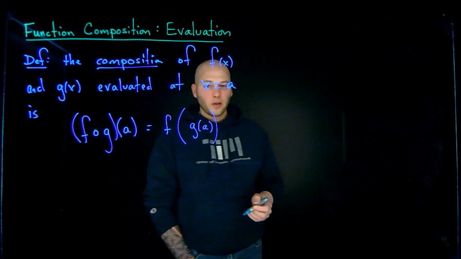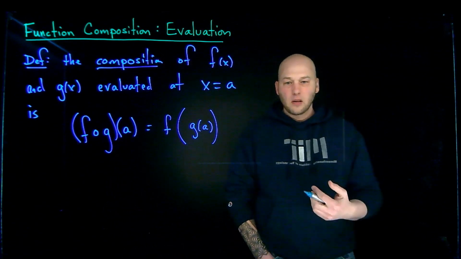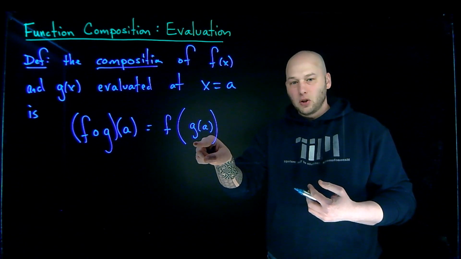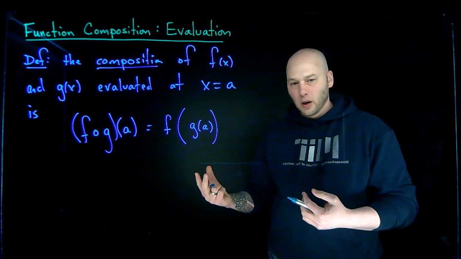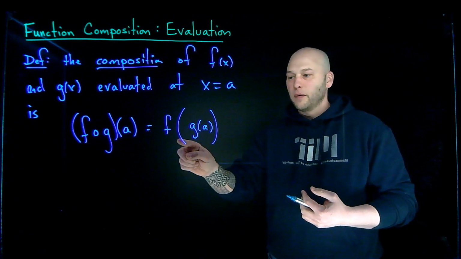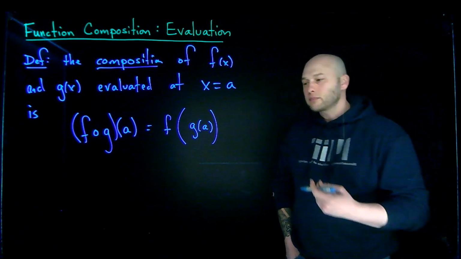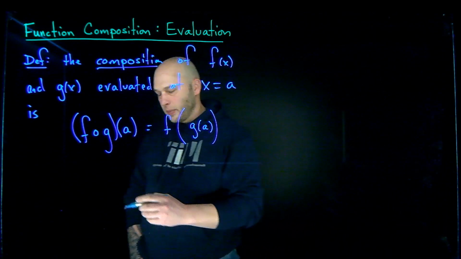I use two different size parentheses just to emphasize the fact that the number a first gets plugged into the function g. I compute that number. That then is my input for the function f. So notice g of a is my input for the function f. Let me illustrate this with examples.